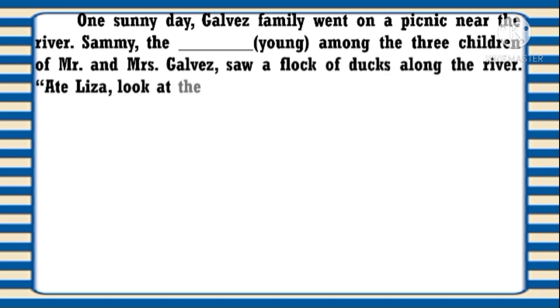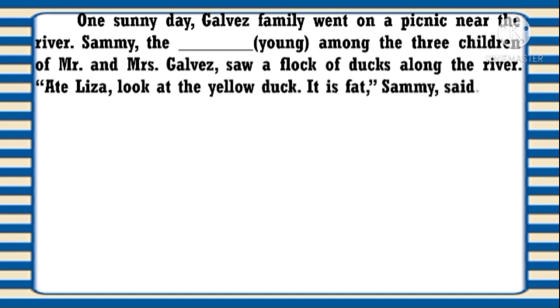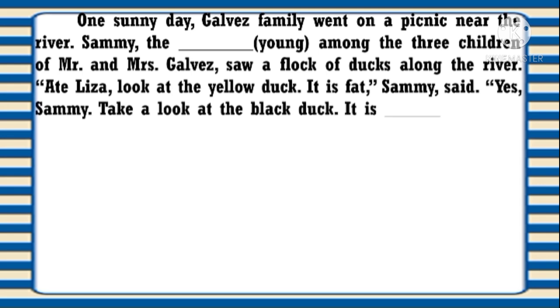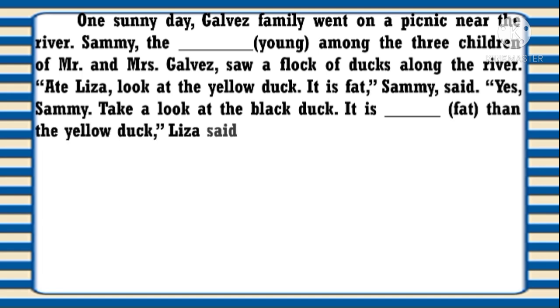Ate Liza, look at the yellow duck. It is fat, Sammy said. Yes, Sammy. Take a look at the black duck. It is blank than the yellow duck, Liza said with excitement.